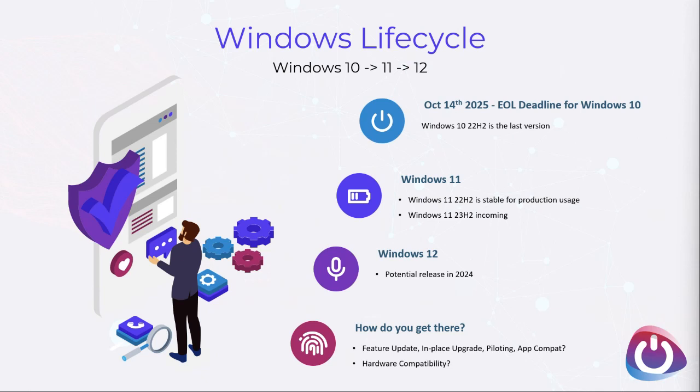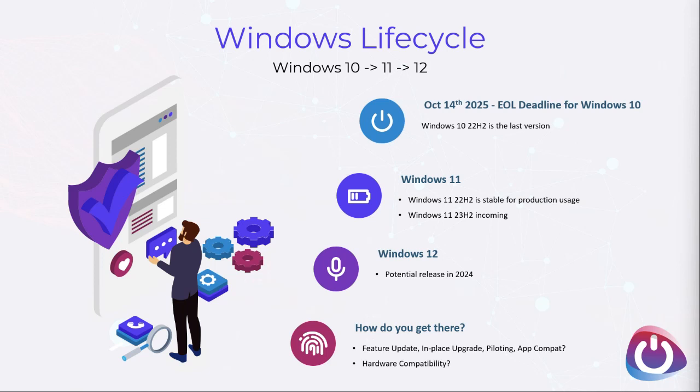Windows 11 has been out for quite a while now, and we now have a more stable version for clients to migrate to. But there is a new version coming soon, 23H2, which we're going to see in the near future. So it could be a potential option to start looking into, and also some echoes of Windows 12, with a potential release maybe mid next year.